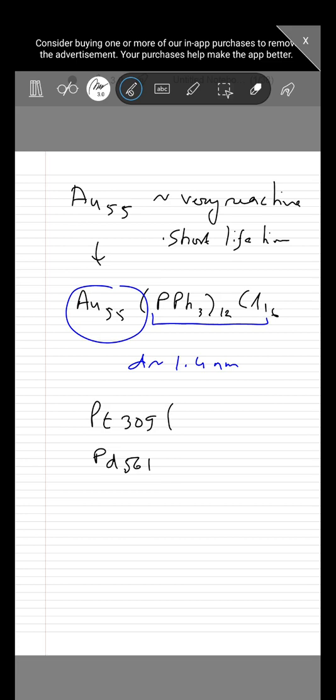In this case, it is stabilized by 1,10-phenanthroline, 36 O 30, and in this case it is again the same thing, 1,10-phenanthroline and 36 O 200.